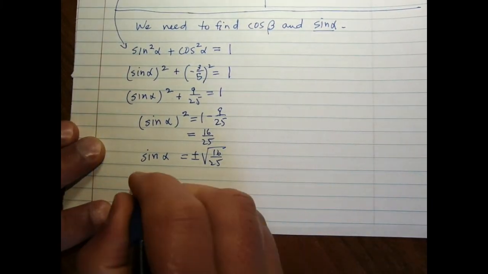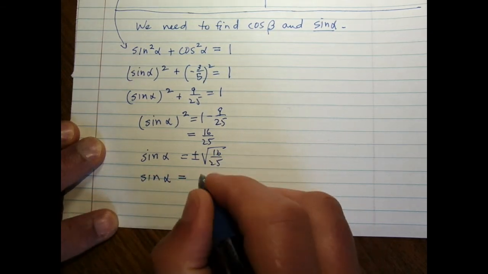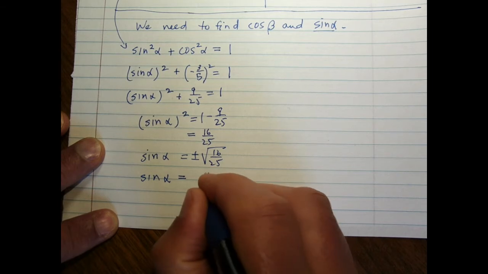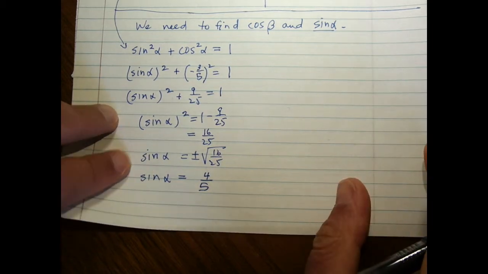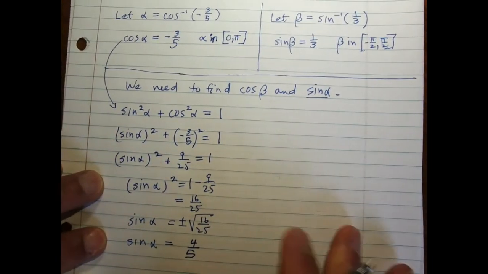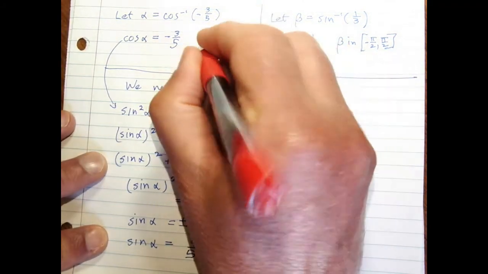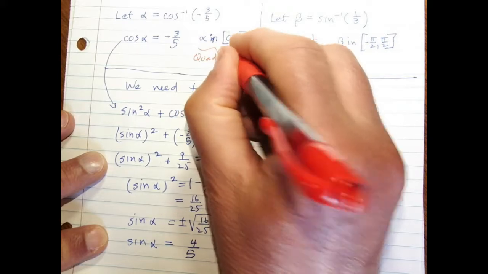And this comes out nice, right? Sine of alpha, when I take square roots, is 4/5. And I've got to think, do I want a plus or minus sign here? Here's where quadrants come into play. Alpha we know is in quadrant 1 or 2.